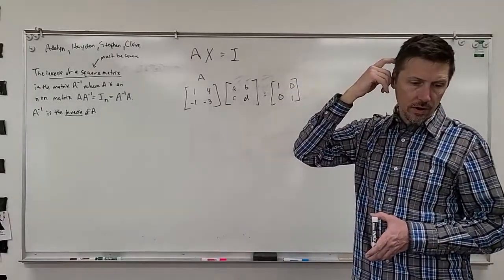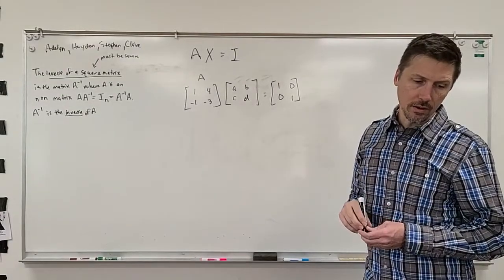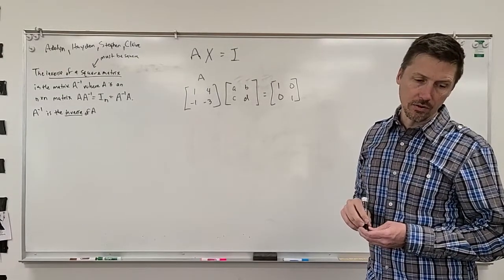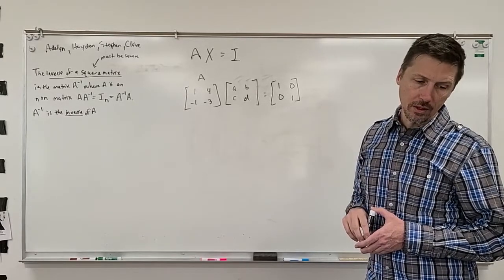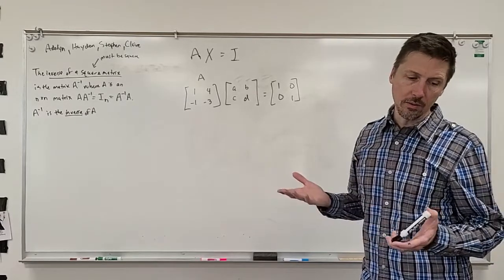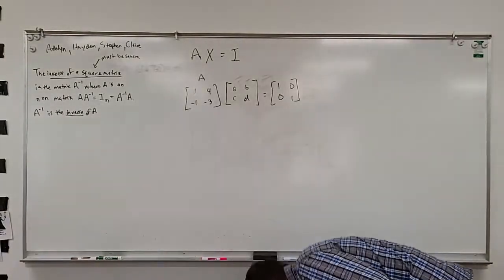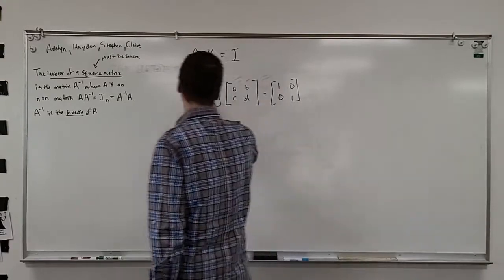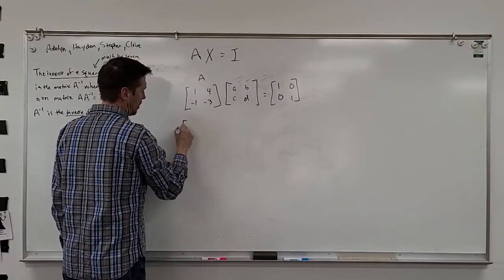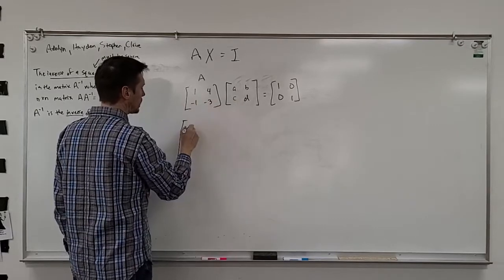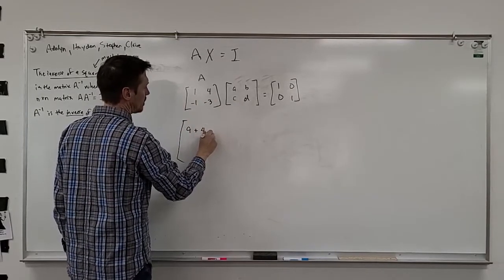But the point is, when you multiply these out, you're going to get something that has all those variables in it, and you just have to determine what combination of those variables is going to give you the identity. You're going to end up with a system of linear equations that you have to solve. So let's just do one. 1 times A is A plus 4C.